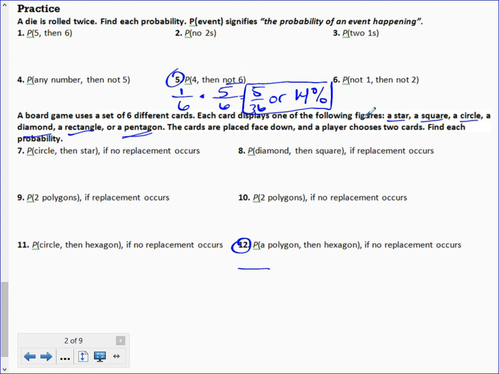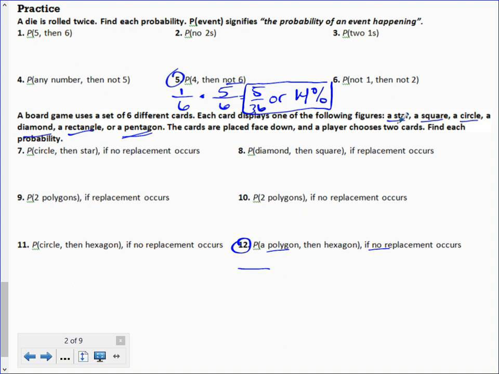Okay, so let's take a look. Number 12. A polygon, and then a hexagon, and it says no replacement. So when you take the first card out, you keep it. So something out of 6, and then something out of 5. So let's figure out what they are. First of all, what's the chances of getting a polygon? How many of these are polygons? Is a star a polygon? Yeah.